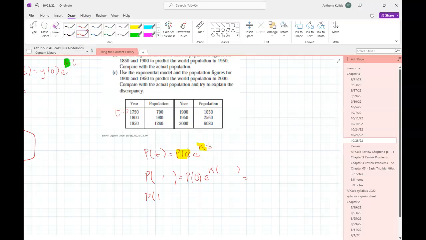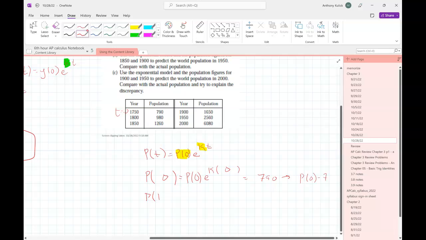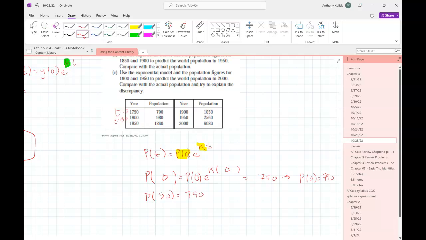So if I do that, then P0 is just 790. And then that makes 1800 t equals 50. So that's going to be 790 e to the k times 50 equals 980. So divide both sides by 790. Take the natural log of both sides and then divide by 50.